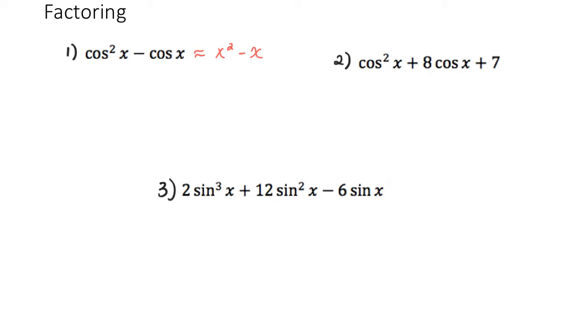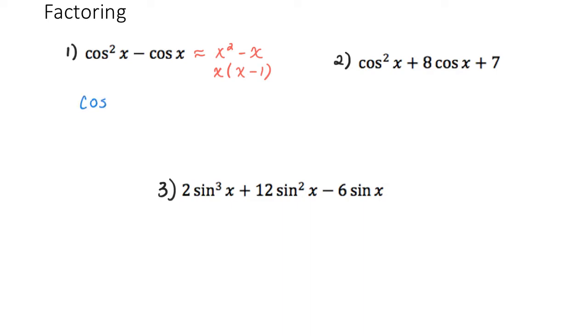I can see here that this expression has a GCF of x, so I can take out the x, leaving me with x minus 1 remaining. The same concept is true, but now instead of x, I have cosine of x. So to factor the original trig expression, I will need to take a cosine of x out of both terms.